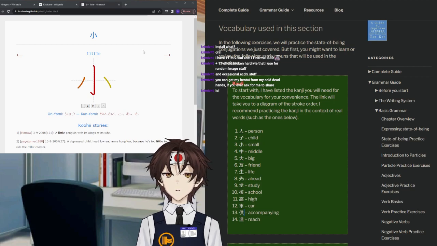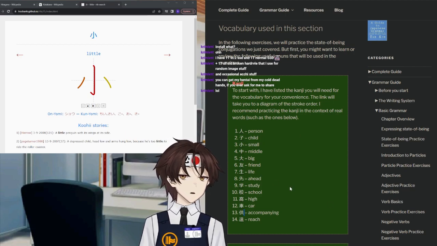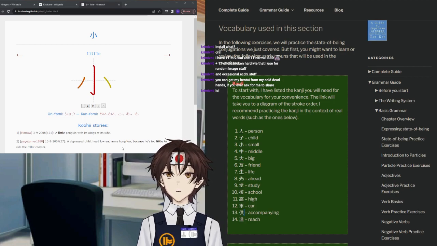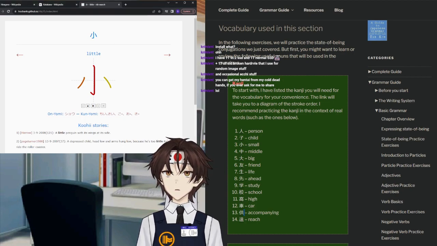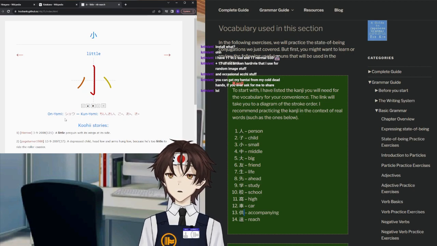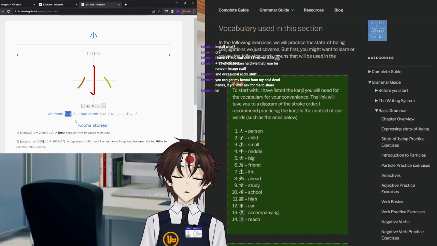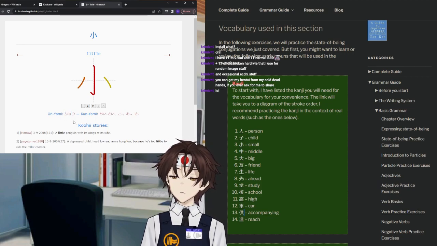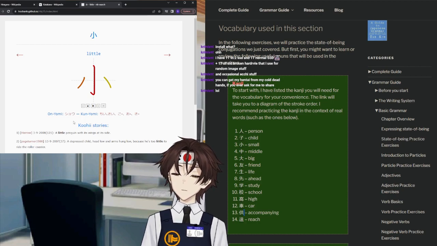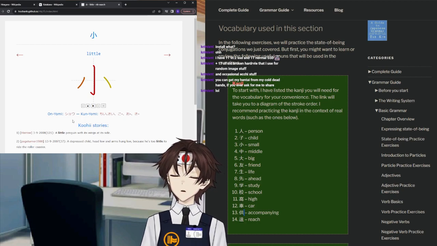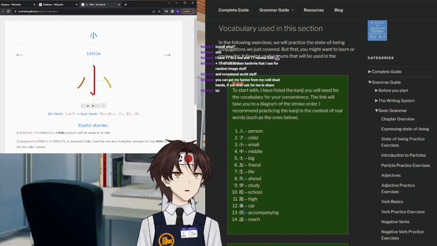I probably can move on to the thing I'm supposed to be doing, which is Japanese. I'm reviewing the RTKs, right? Little. Chisai? Chisai. Yeah, kunyomi, I know this. Onyomi for this is sure. We're getting the katakana for this.